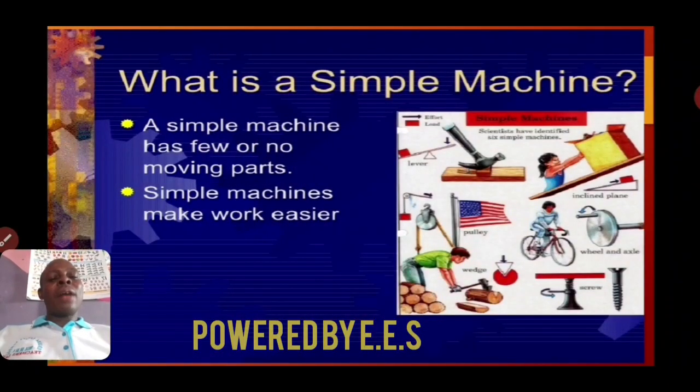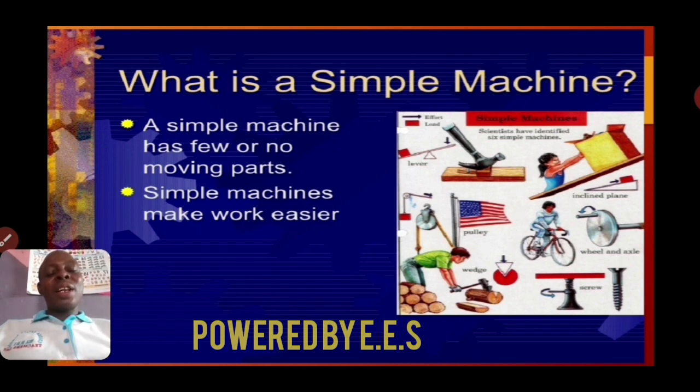Simple machines make our work easier. These are devices or tools that make our work easier and faster. Do you understand? So simple machines make work easier and faster. We call them simple machines because they have few or no moving parts.